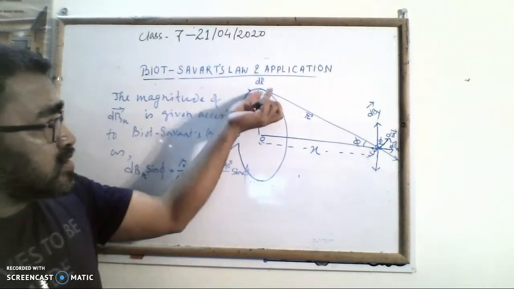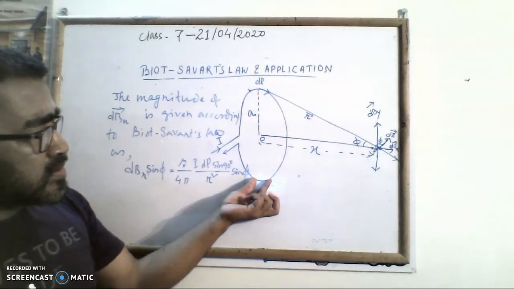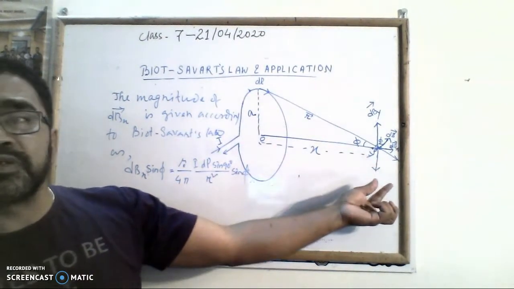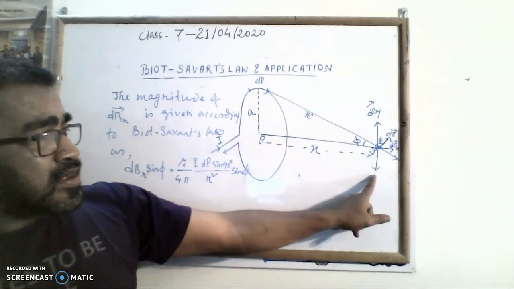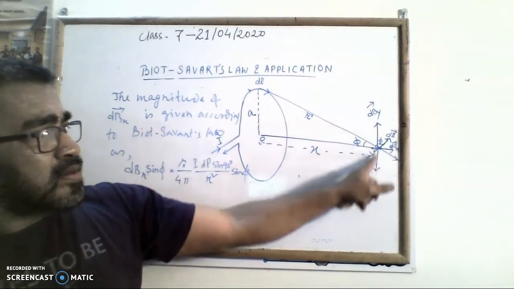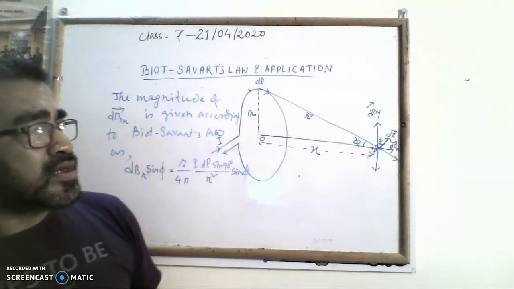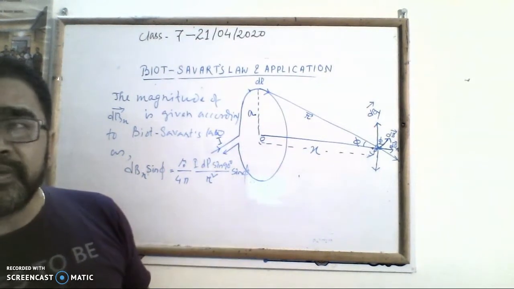If we consider the current element at the opposite point, we get the same two components. That is why the vertical components cancel each other. All vertical components will be cancelled.